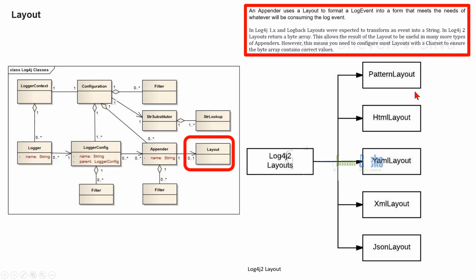Class PatternLayout, a flexible layout configurable with a pattern string. Class HTMLLayout outputs events as rows in an HTML table on an HTML page.